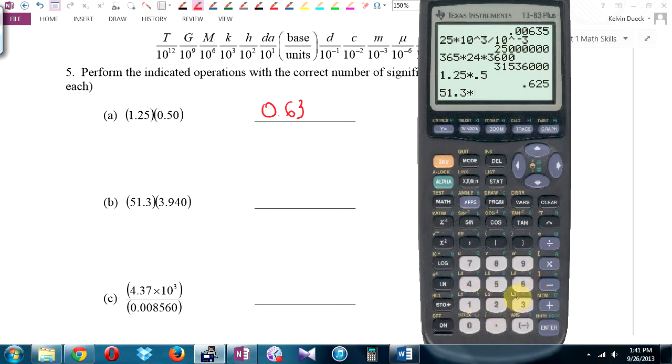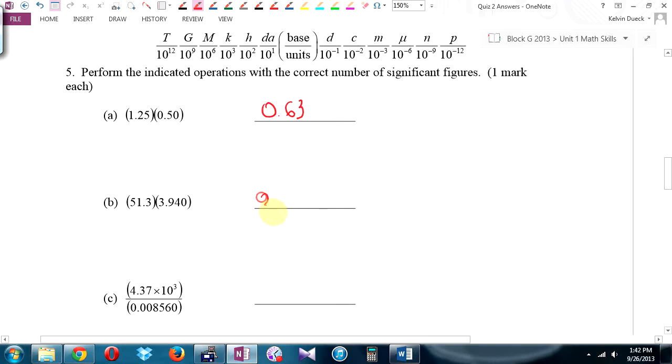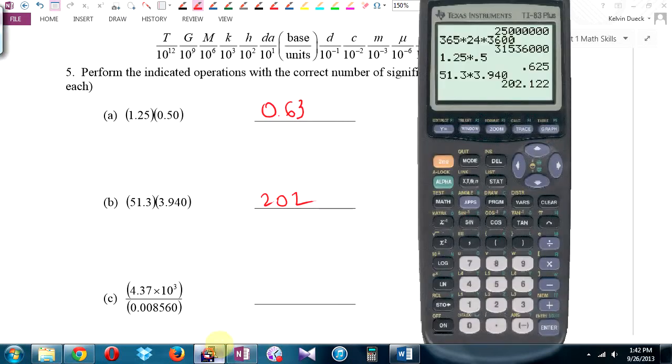51.3 times 3.940 is going to be 3 sig figs, right? 4.37. Try that again, Mr. Dueck. Scientific notation button. 3 times, Mr. Dueck?